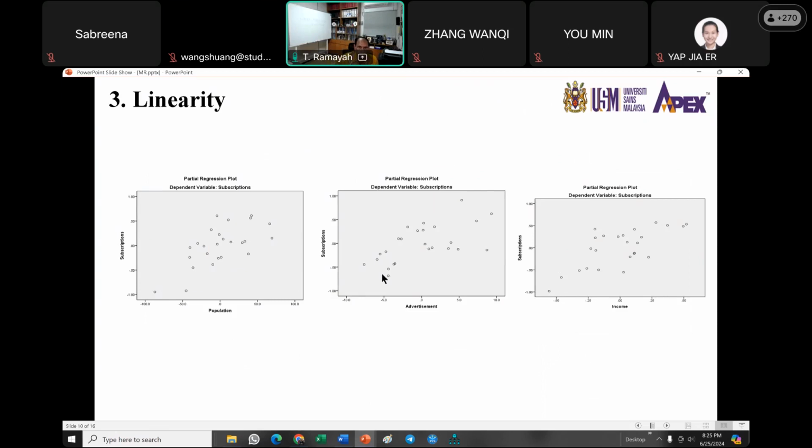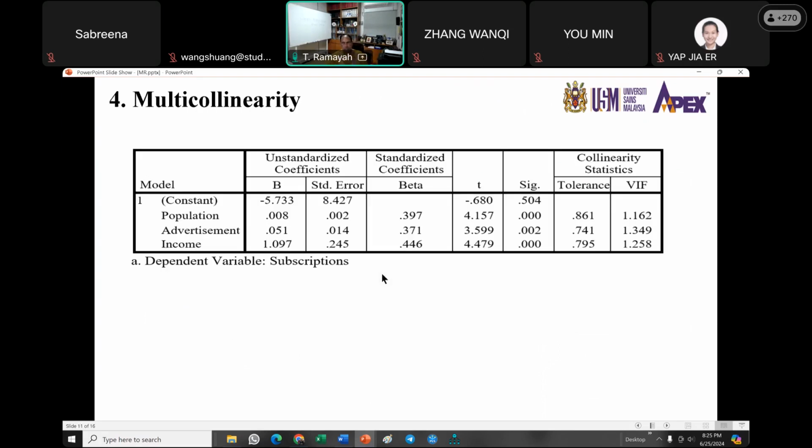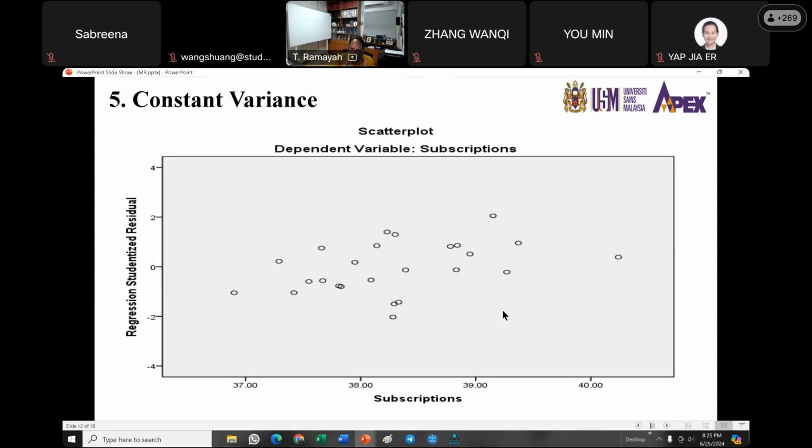Okay, number 4, we will assess multicollinearity by looking at the VIF. And if you see here, the VIF are all less than 5, right? Okay, that already tells you you don't have any problem with multicollinearity. Number 5 is constant variance.